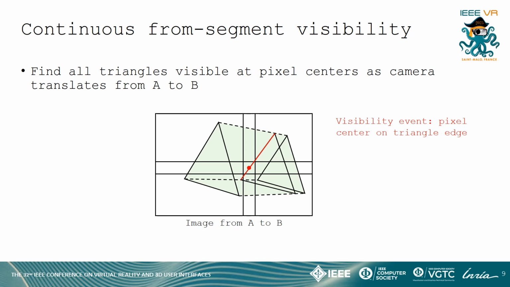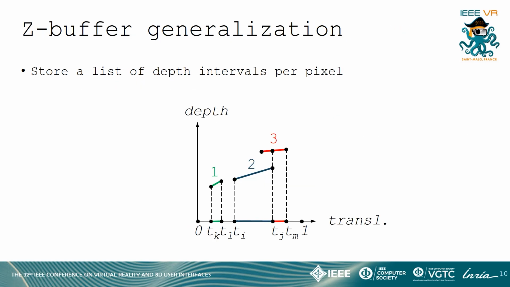So what one needs to do is to keep track at each pixel of the visibility events, which essentially define the subsets of the translation interval when a single triangle is visible. In this example, essentially the Z buffer is generalized from storing a single value to storing a list of depth intervals.